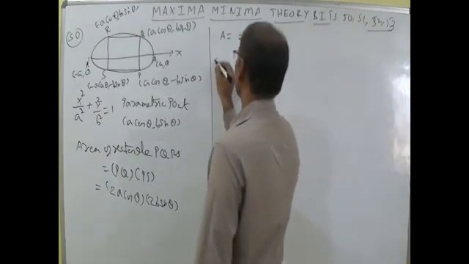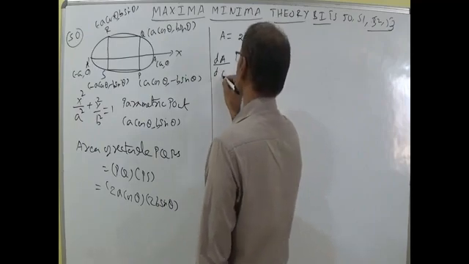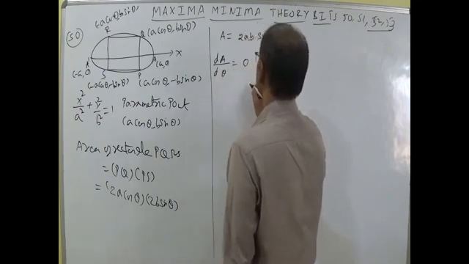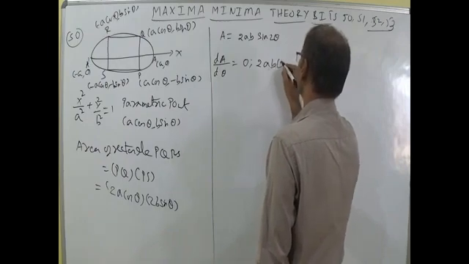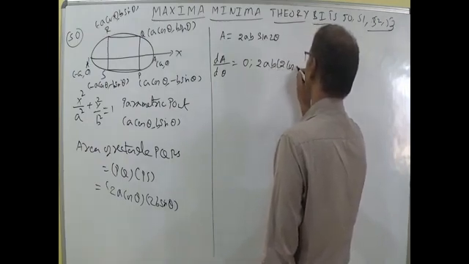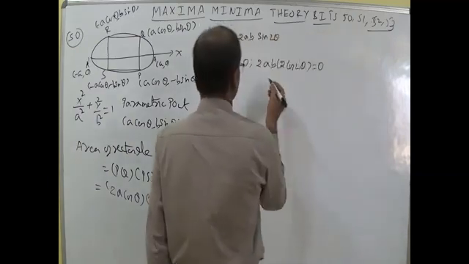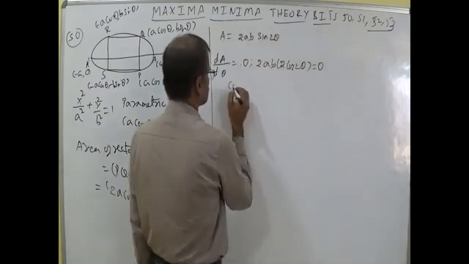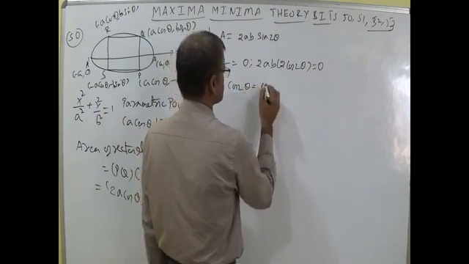To find whether the area is minimum or maximum, we should calculate dA by d theta equal to 0. So 2ab into the derivative of sin 2 theta, which is 2 cos 2 theta, equal to 0. So cos 2 theta is equal to 0.